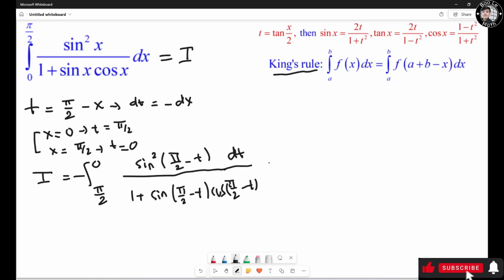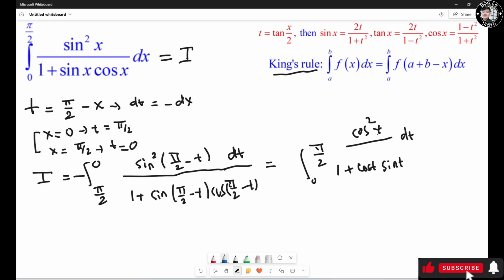Now this turns out to be the integral from 0 to pi over 2, because I have the negative sign over here, so I just switch the bounds, and then this becomes positive. Now sine squared of pi over 2 minus t turns out to be cosine squared of t over 1 plus cosine t times sine t, dt.